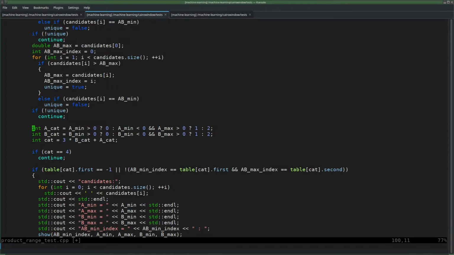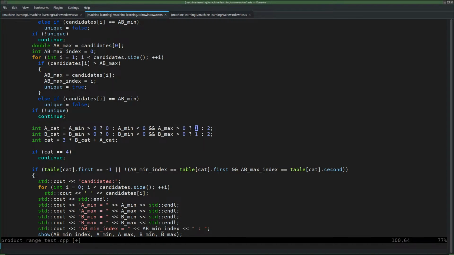And here I'm going to make a change. I thought we had only 3 categories, but this night, while I was laying in bed and taking a shower, I came to the conclusion that we really have 4 categories. So if A min is larger than 0, I'm going to call this category 0. If A min is less than 0 and A max is larger than 0, now we need to change something.